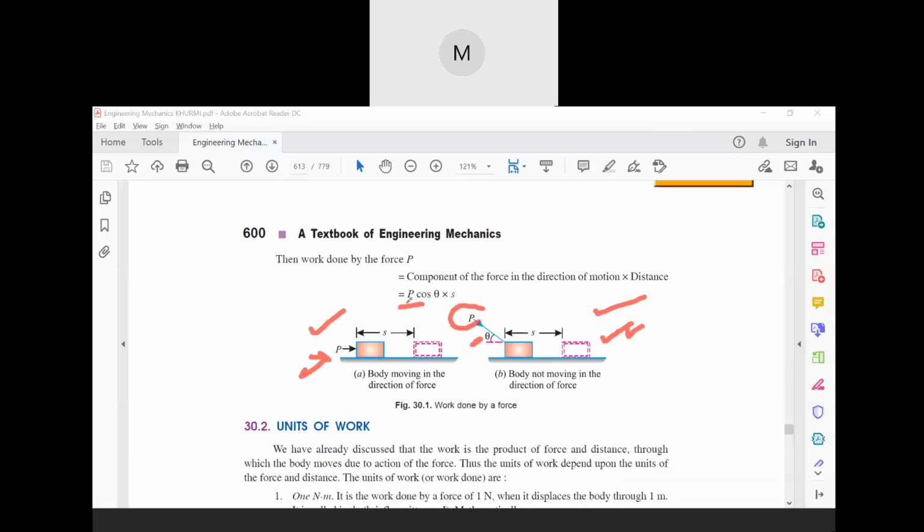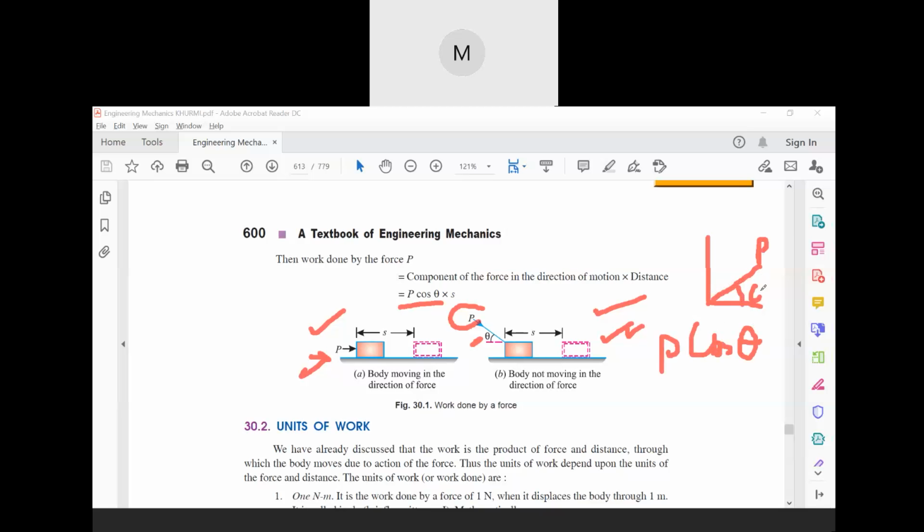Why cos theta? Because suppose this one is like this, and if the angle is here, and this is P, then this will be the cos theta part. That means this will be P cos theta.